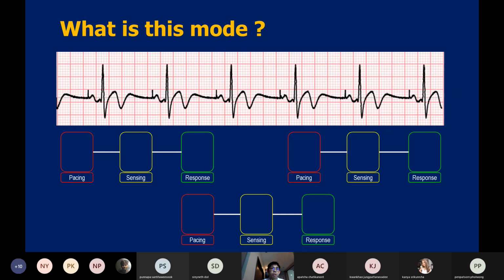But for the dual chamber, which has a dual response, including trigger and inhibit, there is some difference.